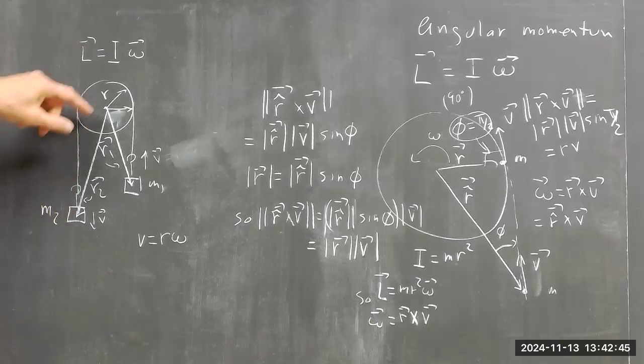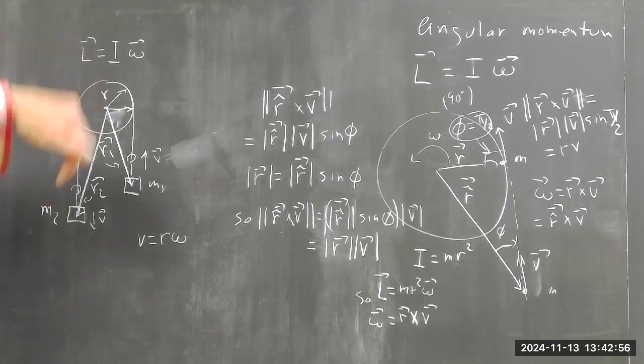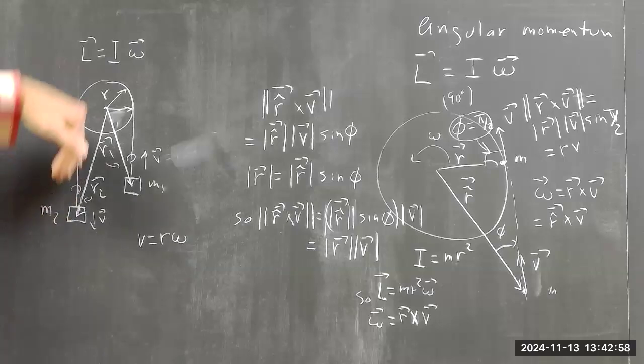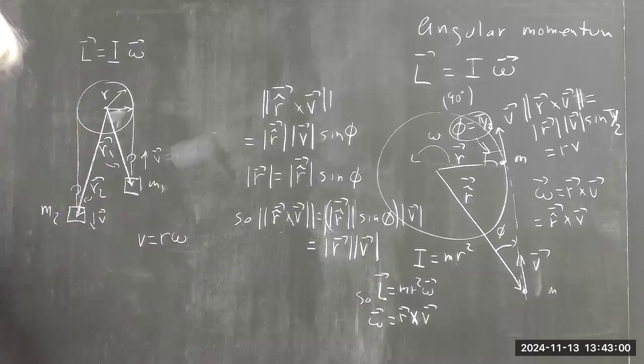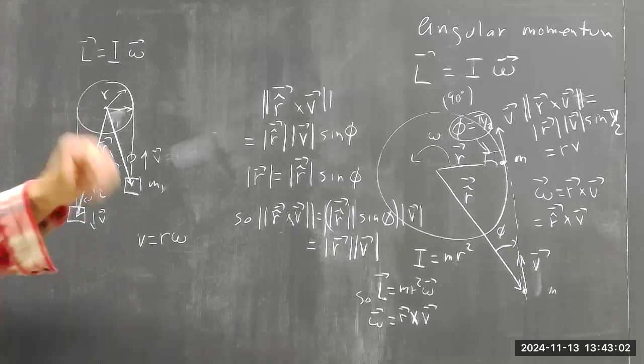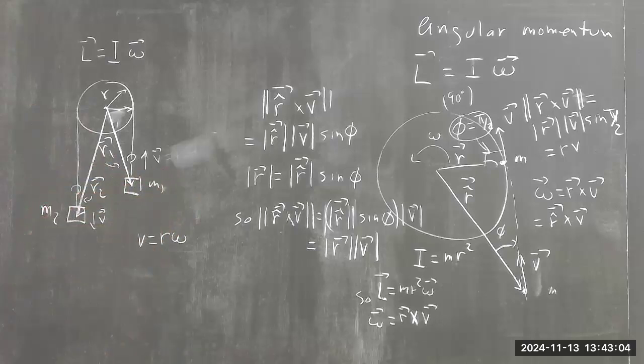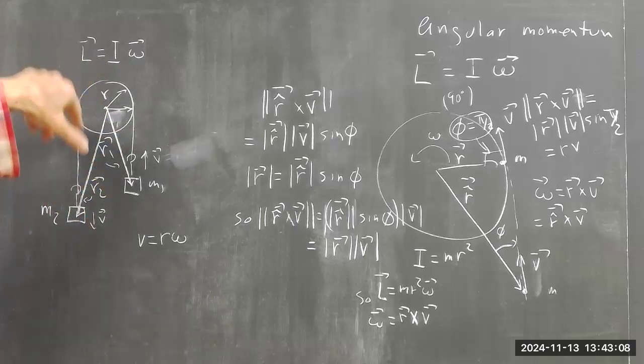And then you have an R cross V for this one. Here's your R and here's your V. If you cross this R with this V, you still have to turn it to the right, and it's still going to give you a vector parallel to the vector you get here, because both are tending to rotate this thing in the same direction.